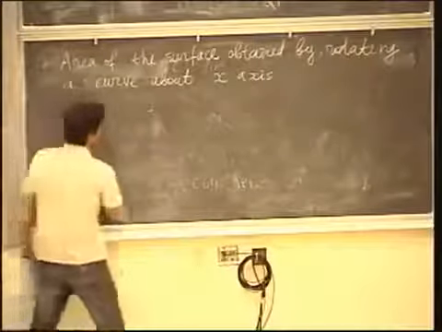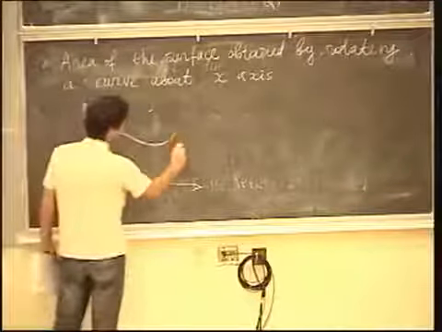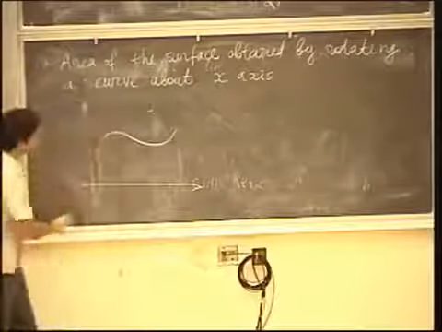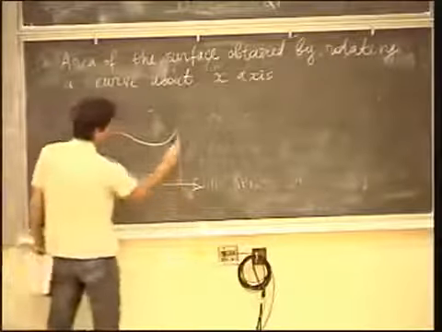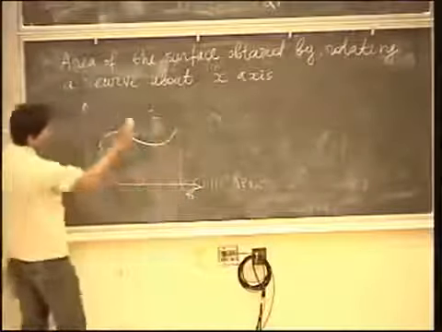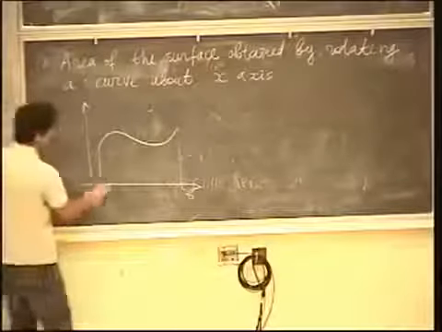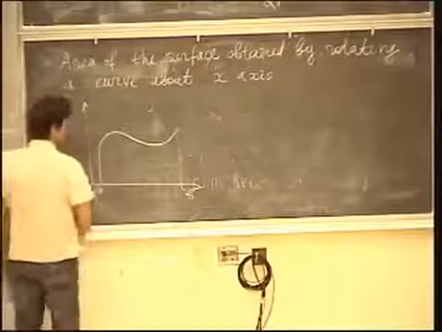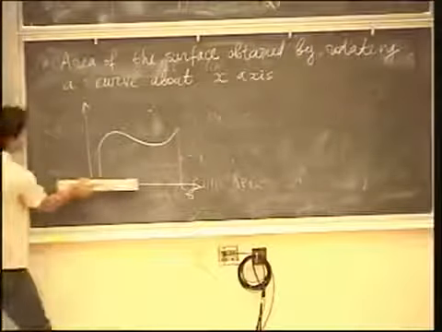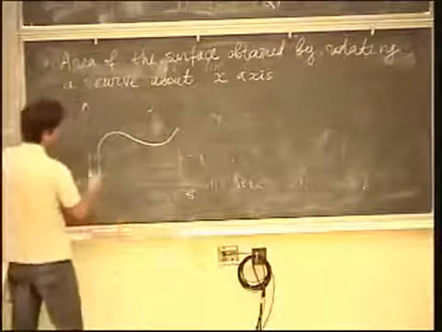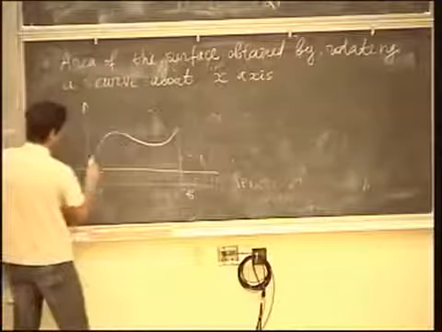So here again, let's say we have some curve, a segment of a curve between some points A and B, and we rotate it about the x-axis. So what we get is, let me make a slightly better picture for you. Let me raise it a little bit. Let me put the curve in yellow.